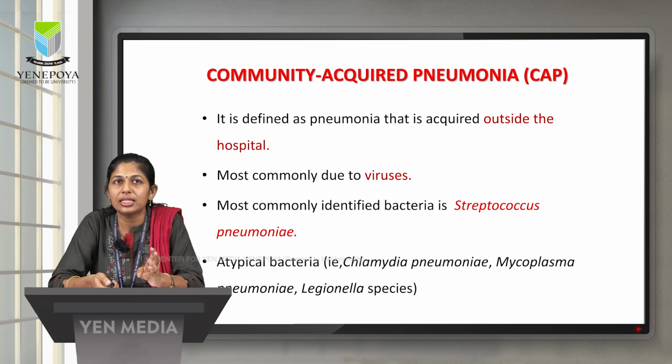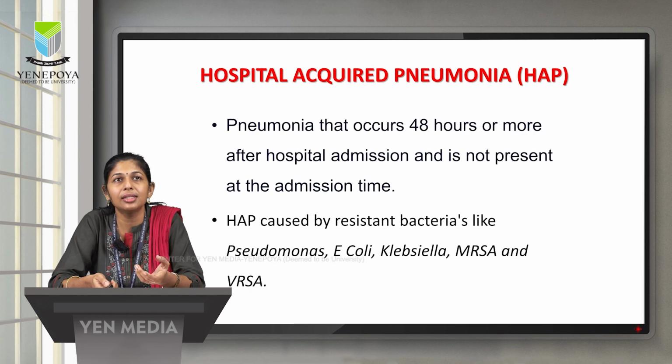So far we have discussed bacterial pneumonia, viral pneumonia and atypical pneumonia. Atypical pneumonia is also called walking pneumonia. Now we are going to discuss community acquired pneumonia, or CAP. What do you mean by community acquired pneumonia? It is defined as pneumonia that is acquired outside the hospital. That is, from the community we may get this pneumonia.